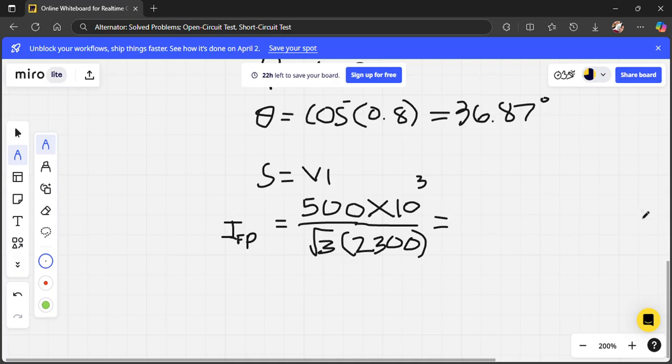Using our calculator, 500 times 10 to the 3 over square root of 3 times 2300, we will get 125.5111 amperes.